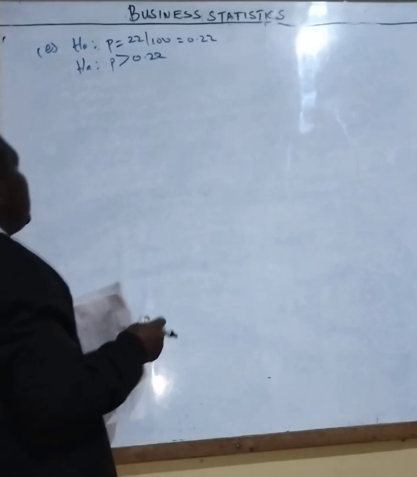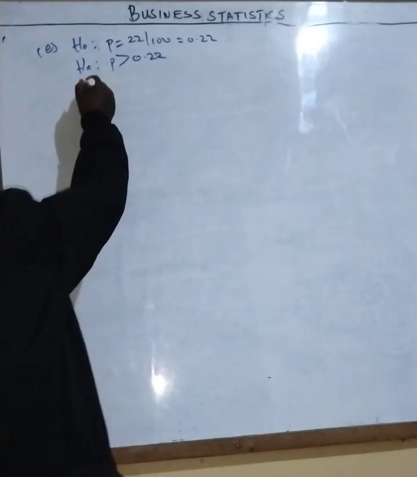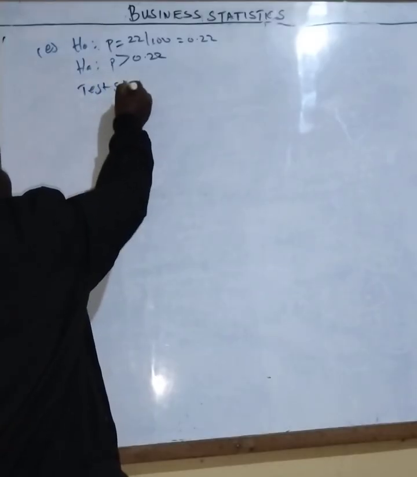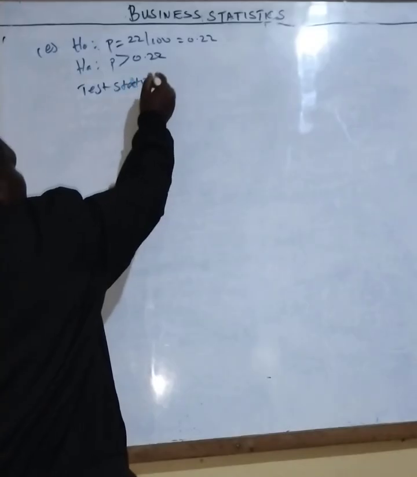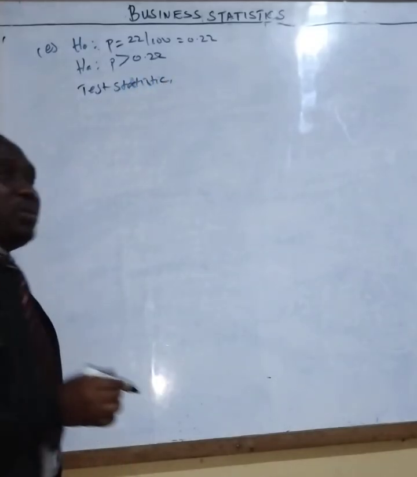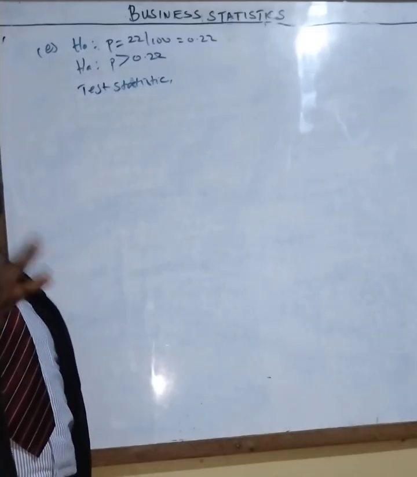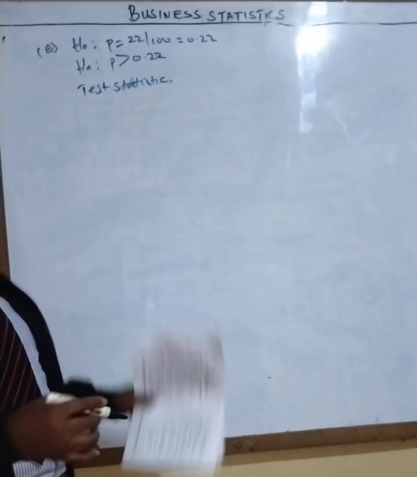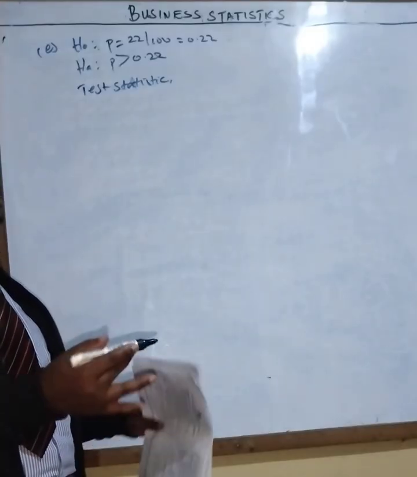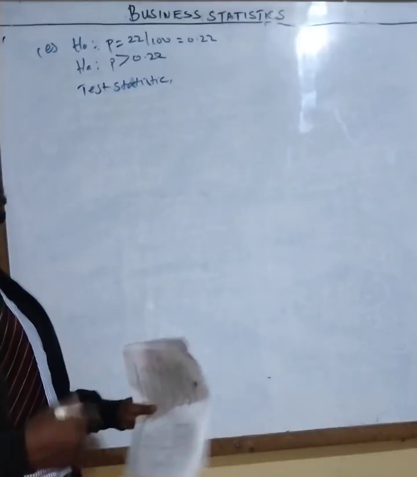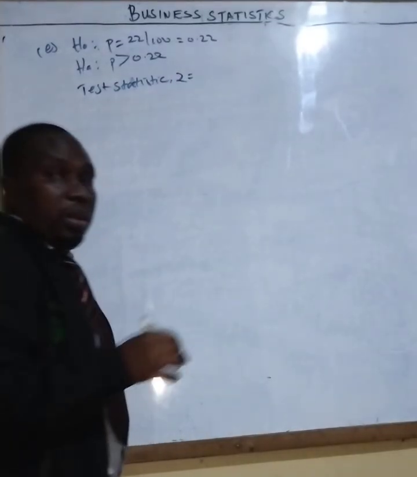The second step is to state the test statistic. Now, which statistic are we going to use, class? Is it Z? Is it T? In this case, it is 100, more than 30 N. If it is more than 30 samples, automatically we are going to use Z. So Z equals, this is now about the probability.